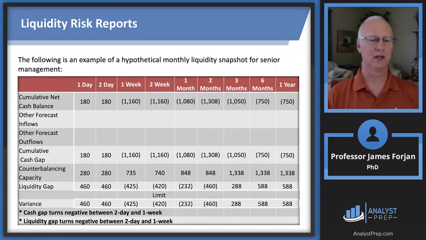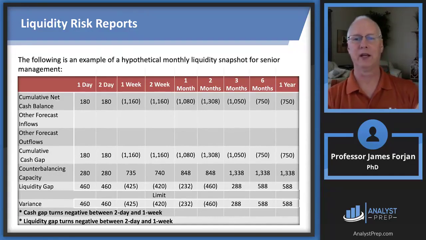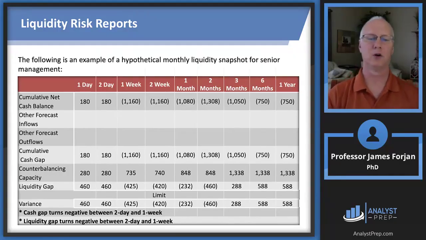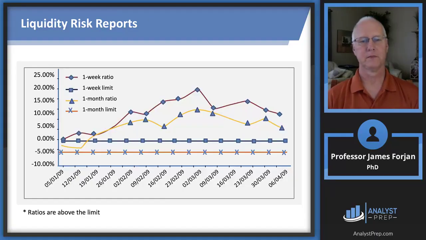I think the accounting term and the risk management term is unencumbered in that counterbalancing strategy. So you combine those two, and that counterbalancing capacity includes those unencumbered securities as part of the liquidity buffer. And that gets us to a liquidity gap and a variance.